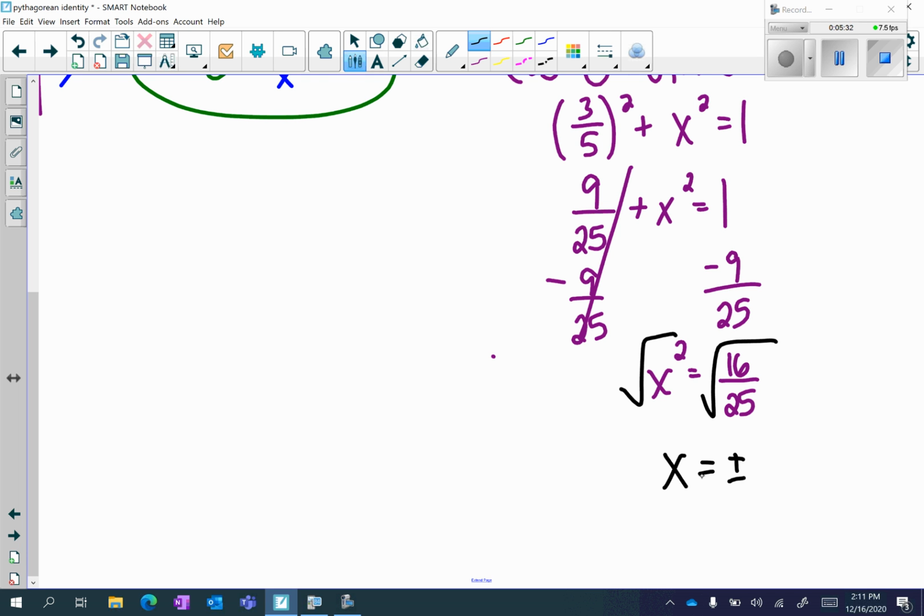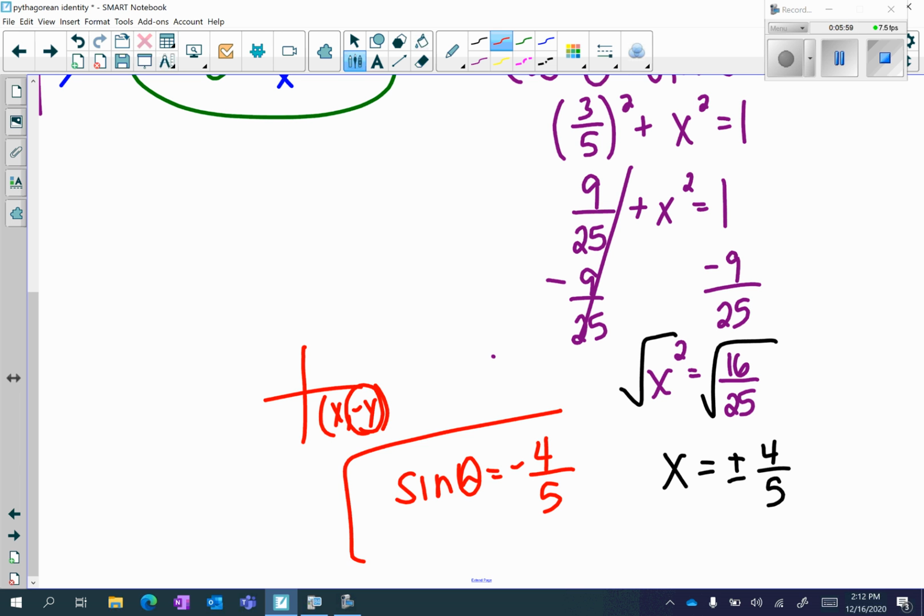This is something you can actually put right in your calculator. It will give you 4/5. How do you determine positive or negative? We said in the beginning that it was a negative because I'm in quadrant 4. And sine is negative. So sine of theta is equal to -4/5 using my Pythagorean theorem for quadrant 4.